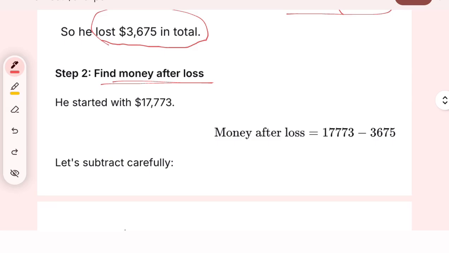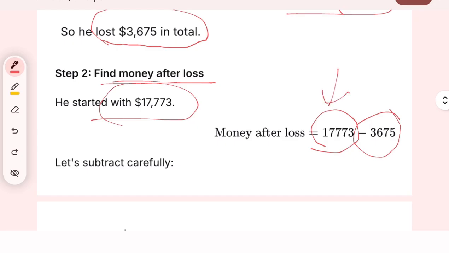So he started with 17,773, and of course, you subtract the money that he lost in the stock market. You simply subtract what he lost from what he had before.